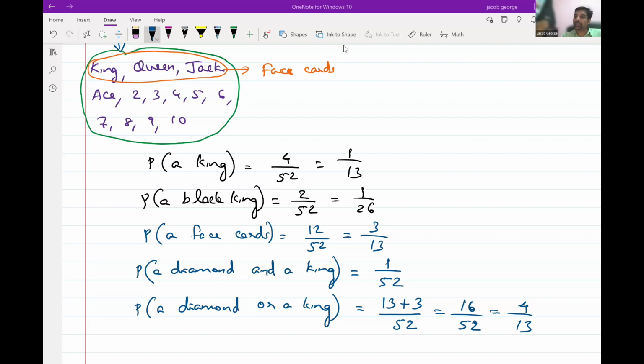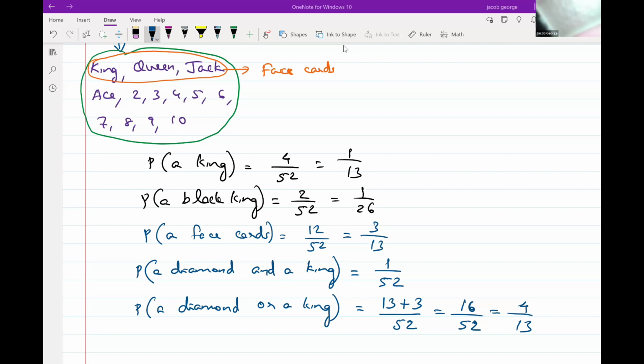So 4 minus 1, we add 13 plus the remaining 3 kings. Is it clear, Kevin? Yes, sir. Diamond and a king means the common one. In the diamond group, how many kings are there? Only 1 king. So that is a diamond and a king, 1 by 52.